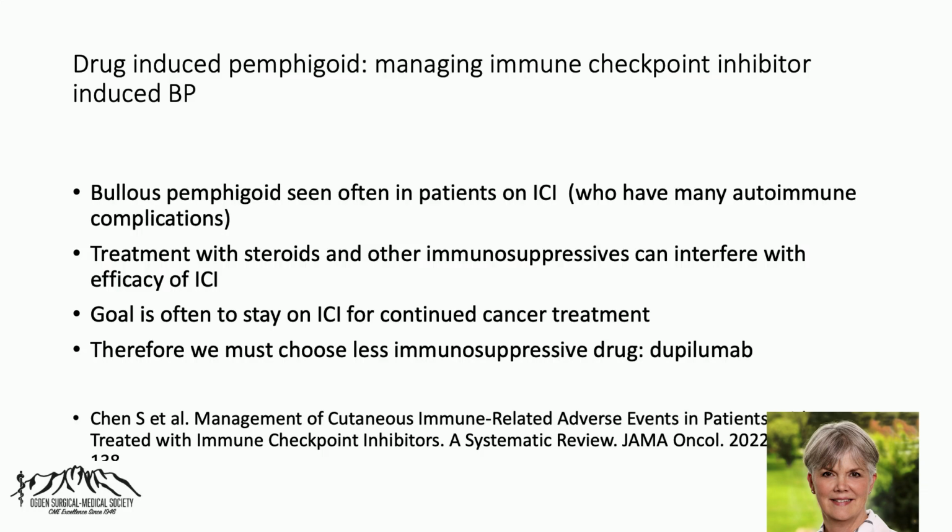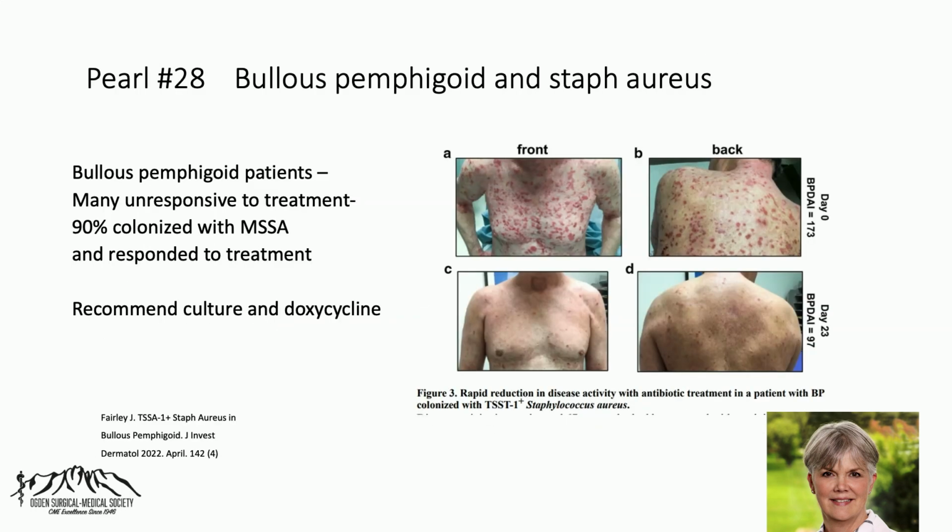This one is just reminding you, we see bullous pemphigoid because it's autoimmune and immune checkpoint inhibitors too. And this is one where we tend to use this drug called dupilumab, which is actually a drug approved for atopic dermatitis, but it's just kind of an aside slide about how we manage that. Okay, if your patient with bullous pemphigoid isn't getting better, you have them on prednisone, immunosuppressive, whatever, they're not getting better.